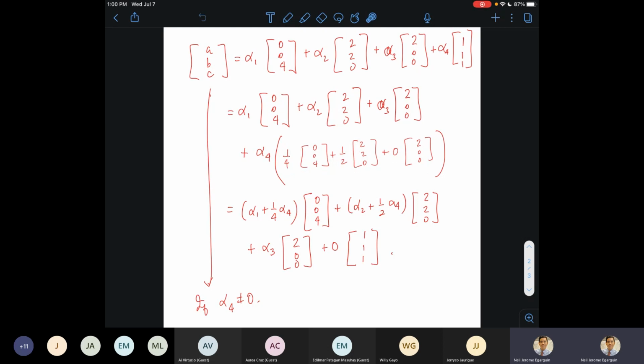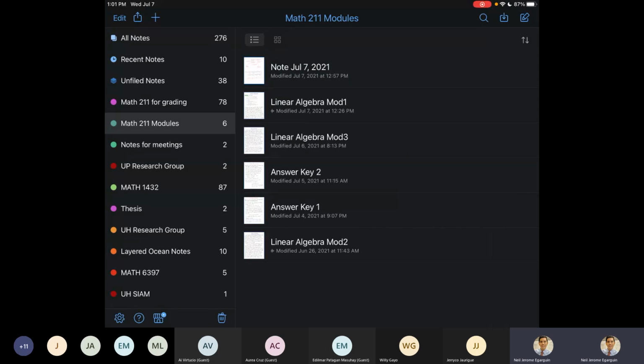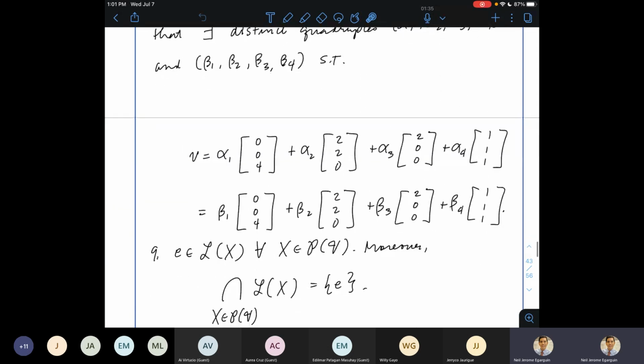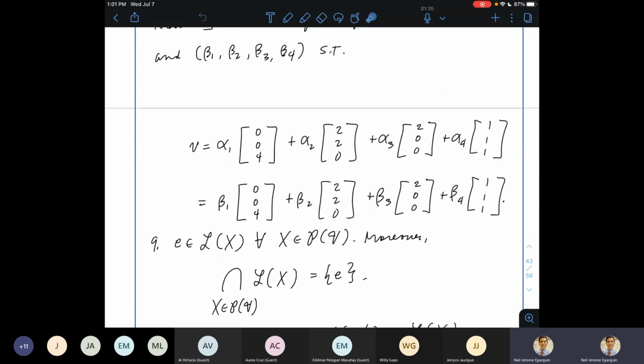So you don't actually need it to generate ABC, because the information that would have been contributed by 1, 1, 1, which is say alpha 4 in here, can be obtained using information from the first 3 vectors alone. All right? And that will kick in when we talk about basis for vector spaces. All right? I guess that was a nice discussion. I like it that you are involved in the thinking process.